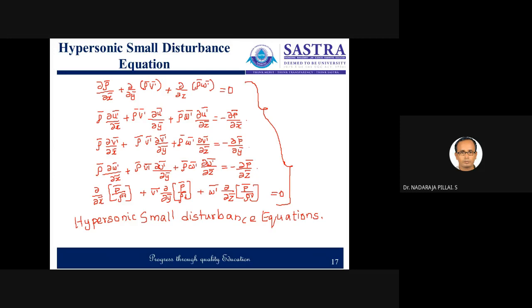So they closely approximate the hypersonic flow over a slender body, right? Because we have considered tau, and they are limited to slender bodies because we have a term like tau square, which we have neglected since it is very small.